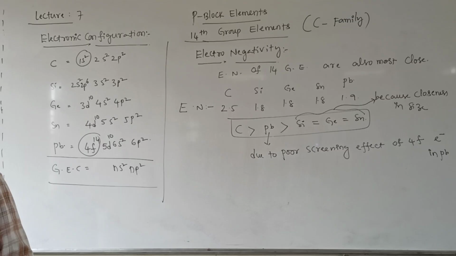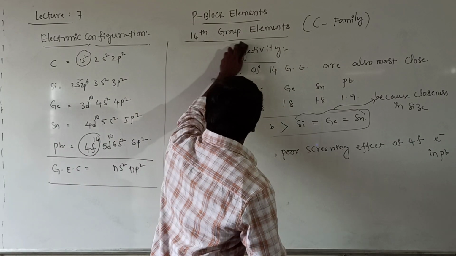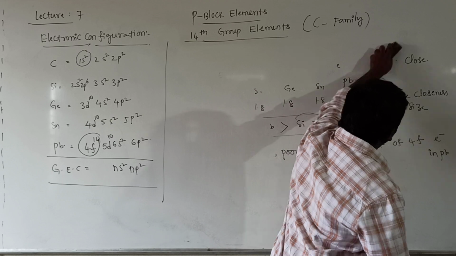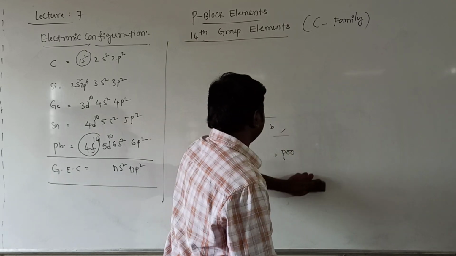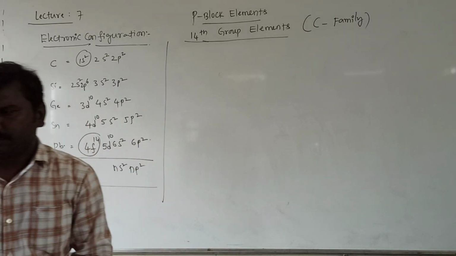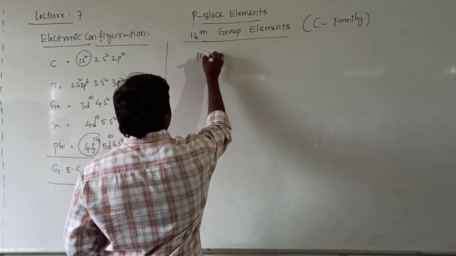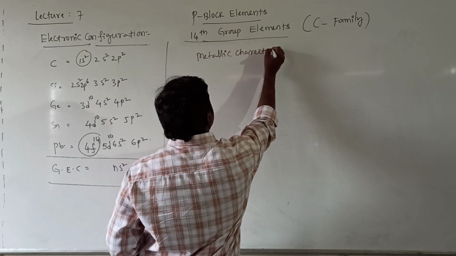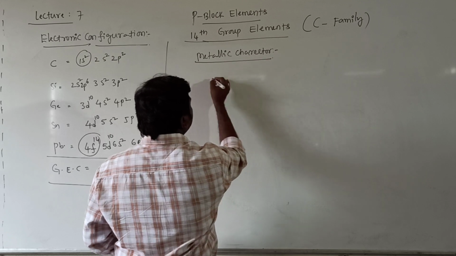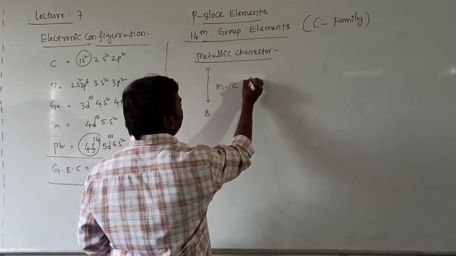Next, metallic character of these group of elements. Generally, from top to bottom, metallic character increases.